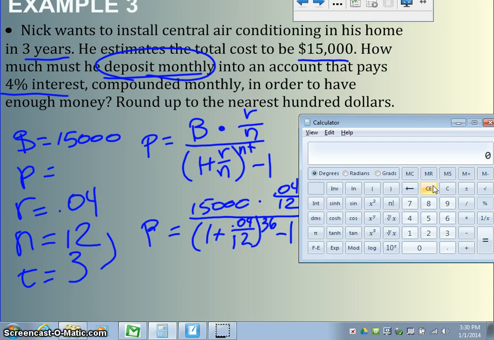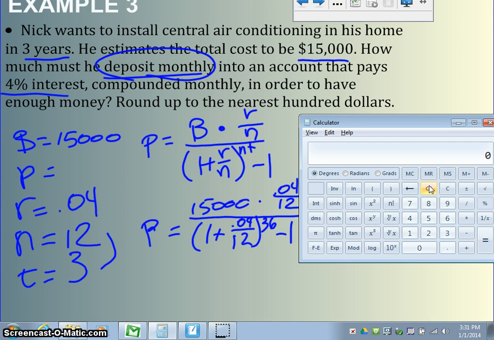So we have $15,000 times 0.04 divided by 12. And that equals 50. So the top is 50. Divided by, open those parentheses, we have 1 plus 0.04 divided by 12, close parenthesis, to the 36th power minus 1.